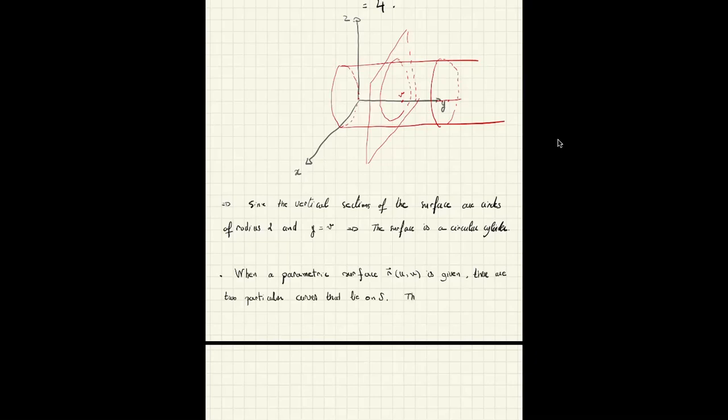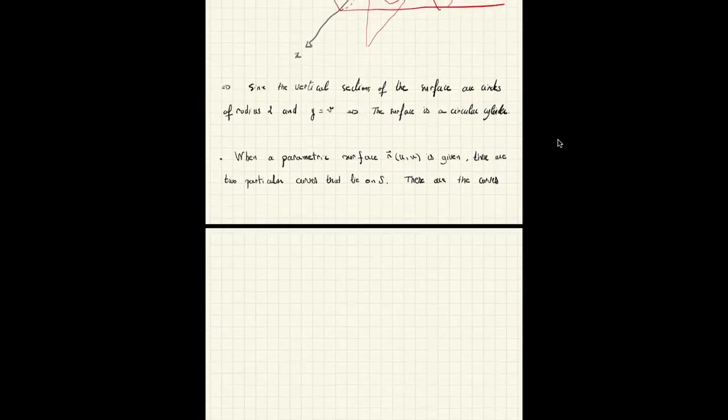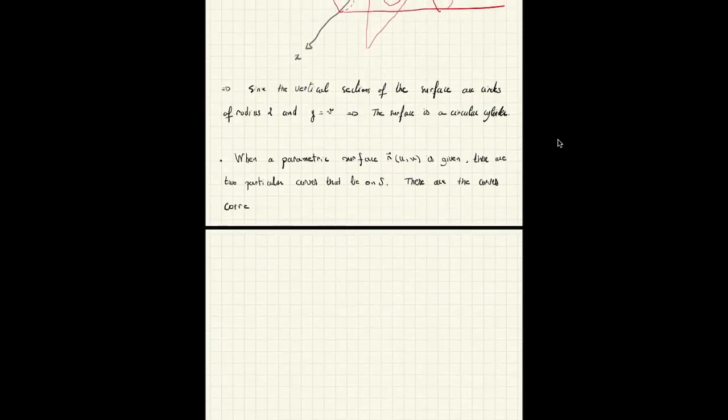So these are the curves corresponding to the vertical lines and horizontal lines in the uv plane.